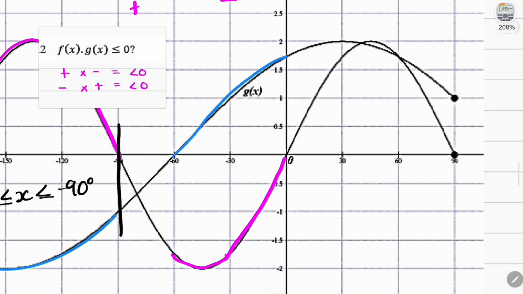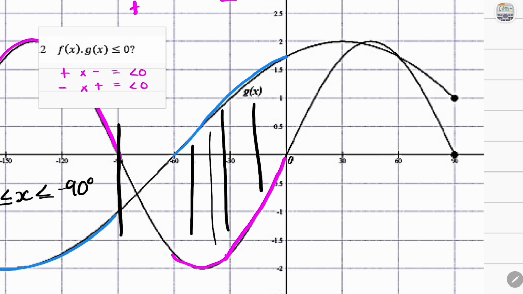Because do you see how the graph of g has a y value of 0 at negative 60 degrees? If you take that y value of 0, multiply by whatever y value is here, you get 0, which is one of the requirements. And then it's above the x-axis. And at the same time, the graph of f is below the x-axis for these same values. So if you line all of these values up, do you see they are all these values in between negative 60 degrees and 0 degrees?